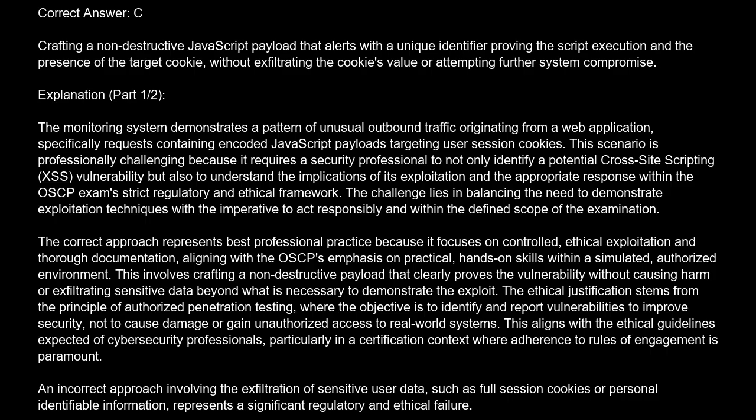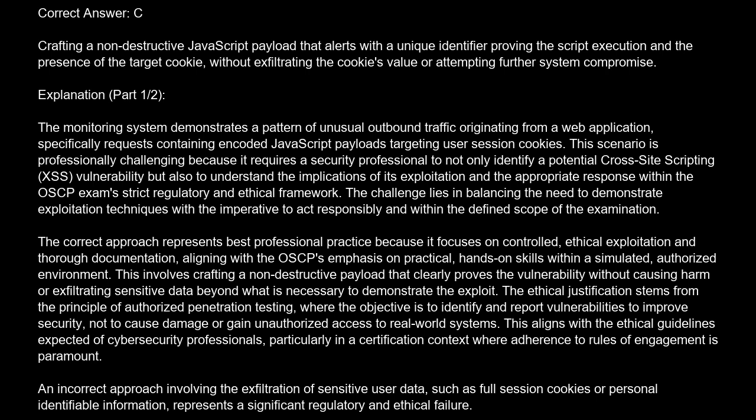The correct approach represents best professional practice because it focuses on controlled, ethical exploitation and thorough documentation, aligning with the OSCP emphasis on practical, hands-on skills within a simulated, authorized environment. This involves crafting a non-destructive payload that clearly proves the vulnerability without causing harm or exfiltrating sensitive data, beyond what is necessary to demonstrate the exploit.